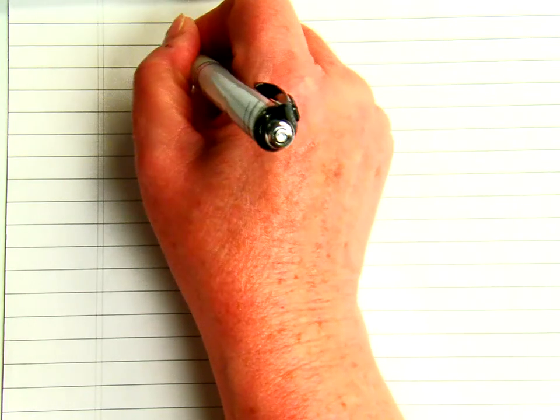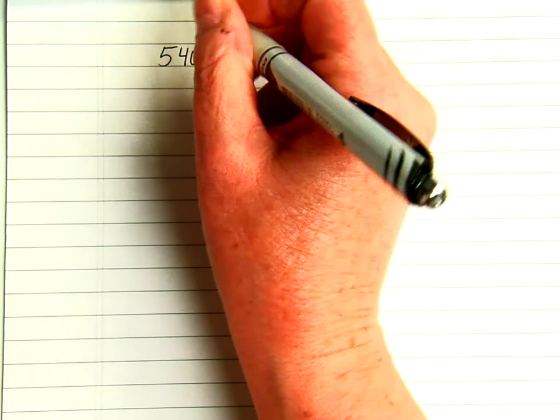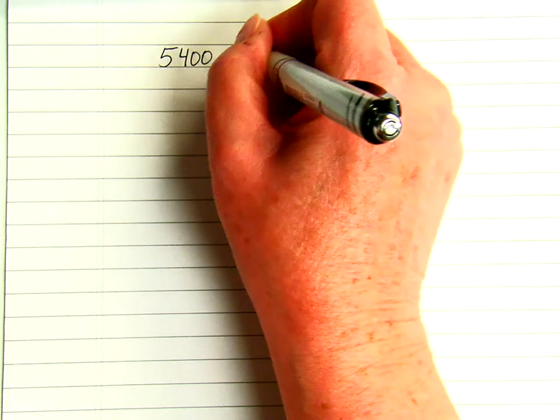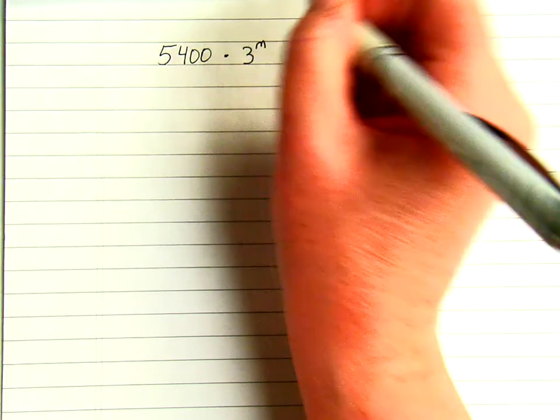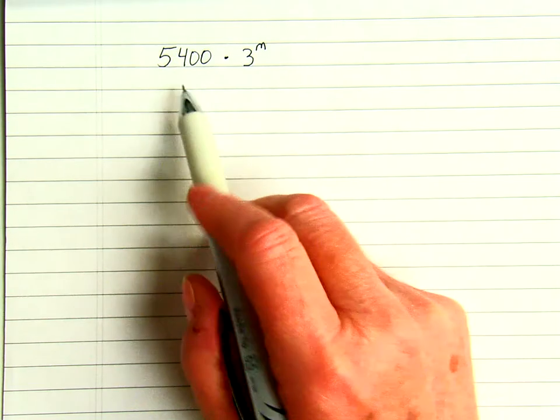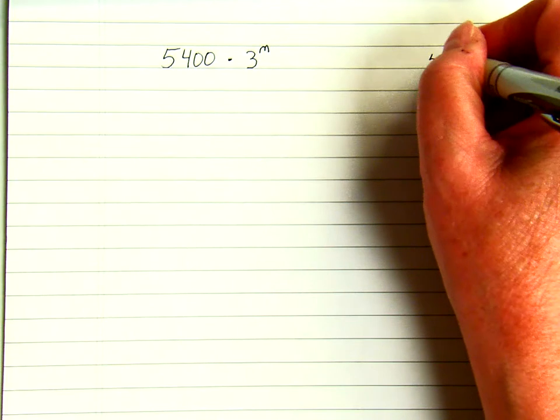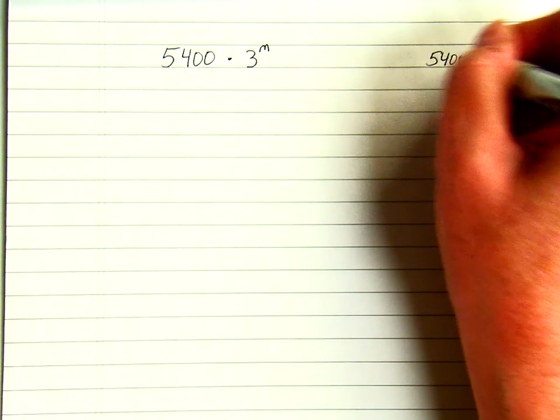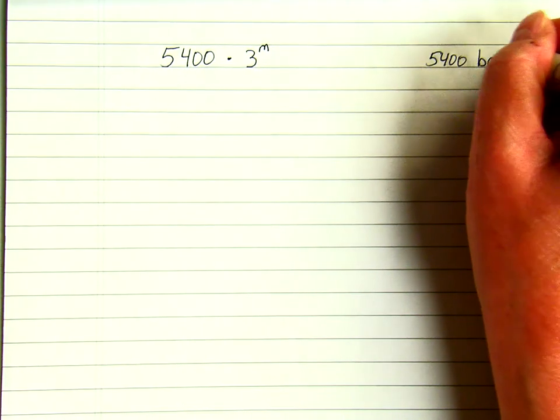I have a sample of bacteria that triples each month. The expression 5,400 times 3 to the power of m models this population of 5,400 bacteria. That is our 5,400 bacteria.